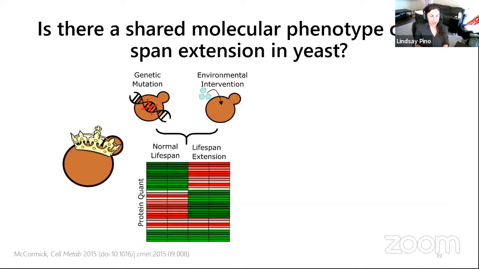One question that I had asked previously was whether there was a different molecular phenotype for lifespan extension. Here I was using yeast, so everything was being done in this yeast model organism system. But what I wanted to ask is, can we extend lifespan? Can we have yeast that live longer, either through genetic mutations or through environmental interventions?